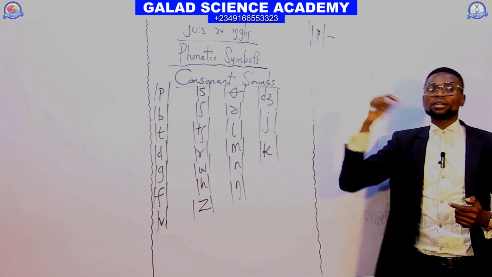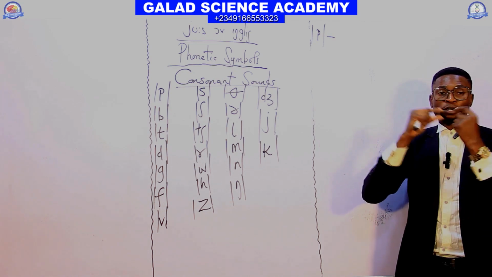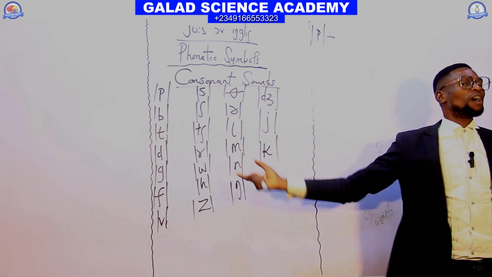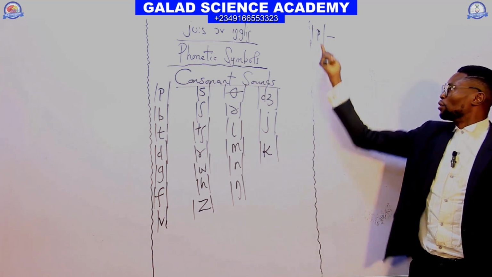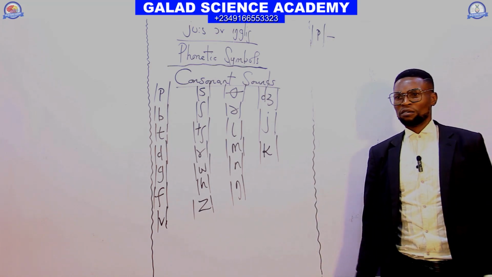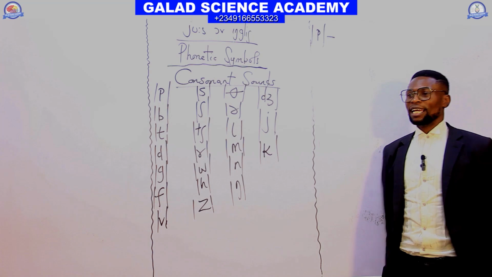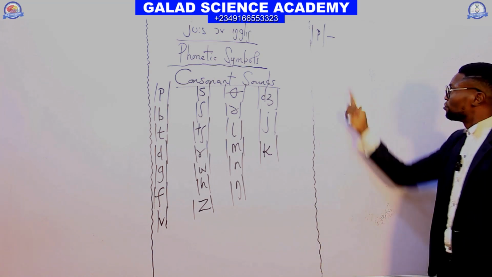It is bilabial because it has my two lips in the production of the sound, and it is voiceless. So if I'm to describe this, I would say voiceless, bilabial, plosive. But we are not going into this aspect of English because they won't ask us this in our exams, except those that are studying English in full.